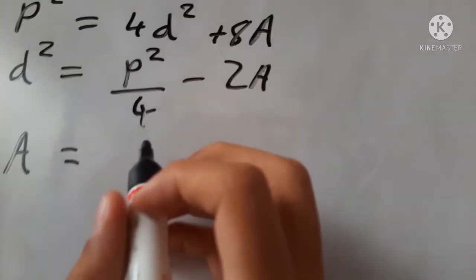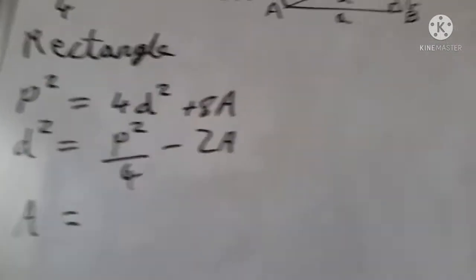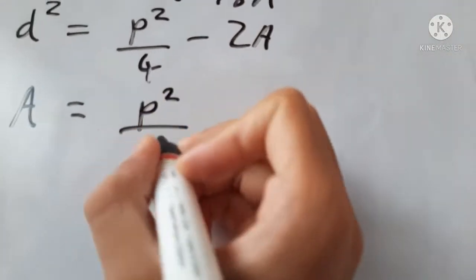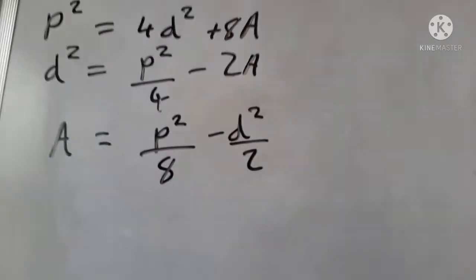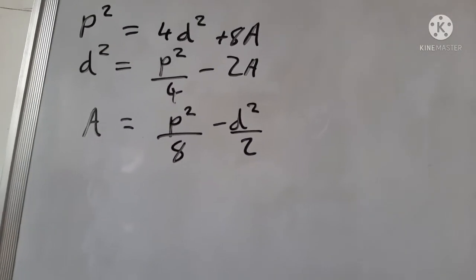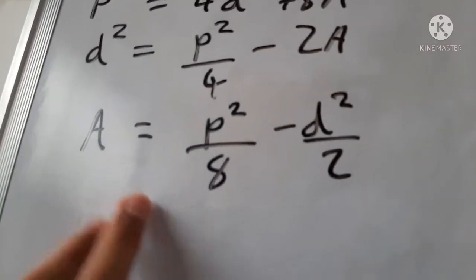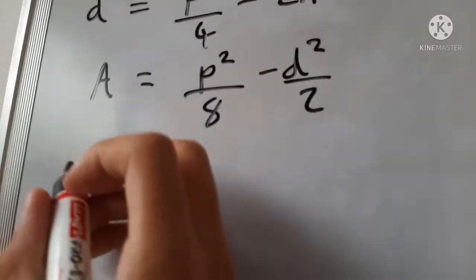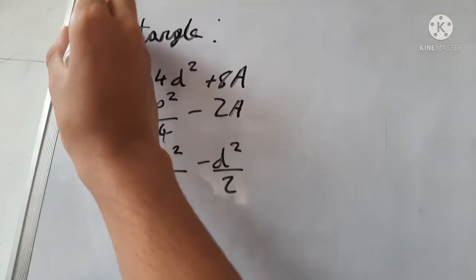So it becomes p squared over 8 minus d squared over 2. Does that make sense? Let me try it: factoring out a 1/2, yep, makes sense. That's for a rectangle, done and dusted.